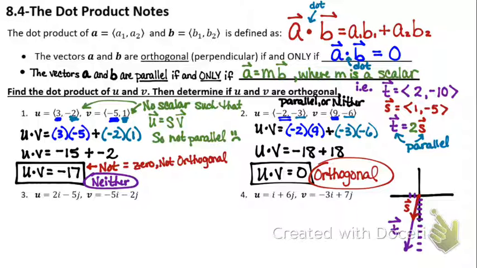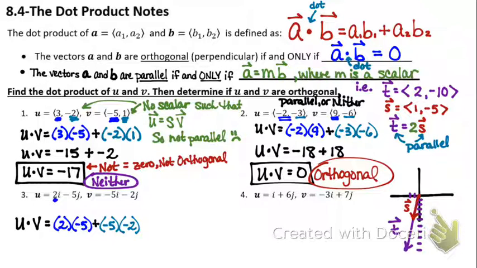What about number 3? What are we multiplying together here on number 3? If I want to find the dot product of u and v, we don't have to use the i, we don't have to use the j, so what are the numbers that we're going to multiply then? 2 times -5 plus -5 times -2.